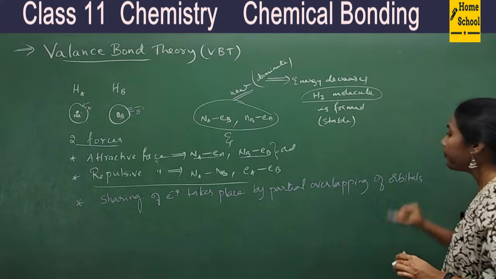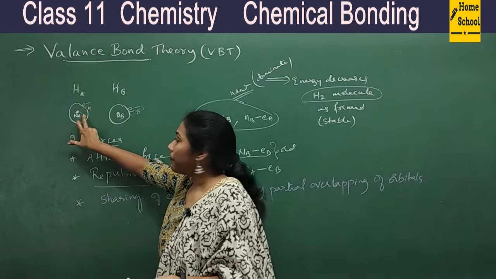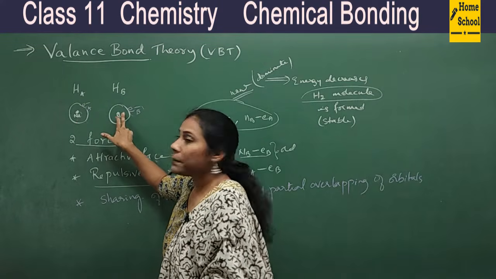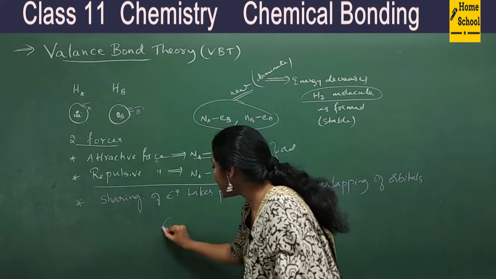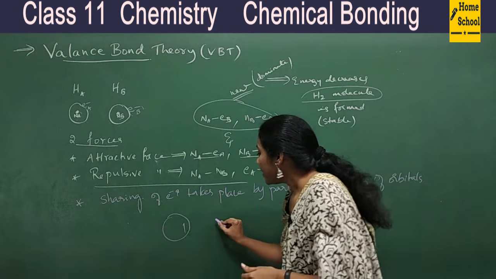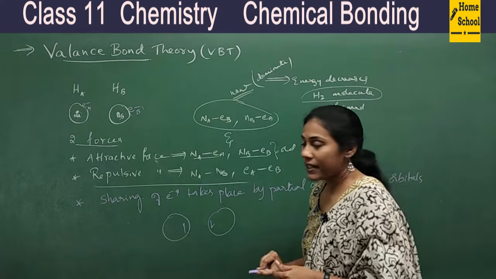You know what? This particular electron is present in the s orbital of a hydrogen atom. Even this electron is present in the s orbital of a hydrogen atom, right? If this is the s orbital of one hydrogen atom where an electron is there, this is another s orbital of a hydrogen atom, a single electron is there.